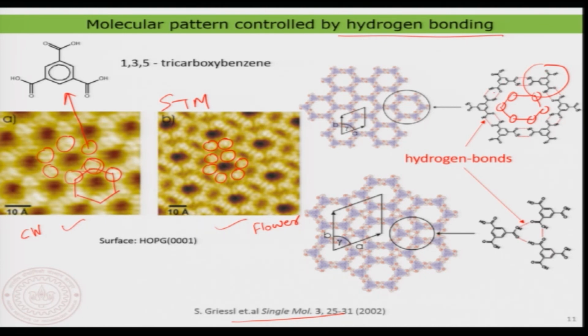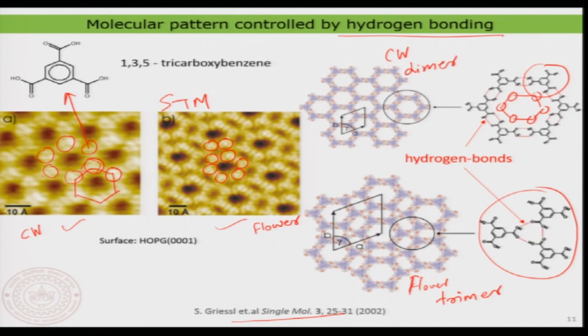The molecules form a hexagon by forming a dimer between the molecules. But in this case, the molecules connect together and form a trimer. So, the building block of the so called flower pattern is a trimer, and the building block of the chicken wire pattern is a dimer.